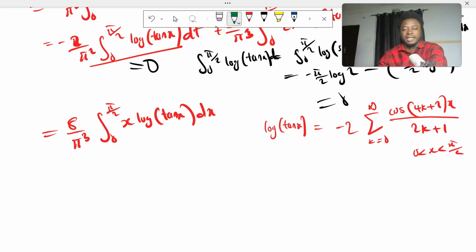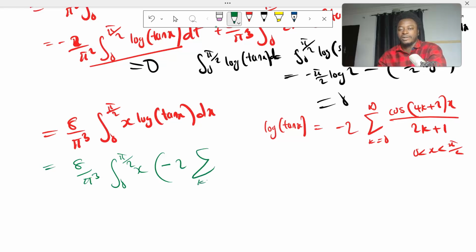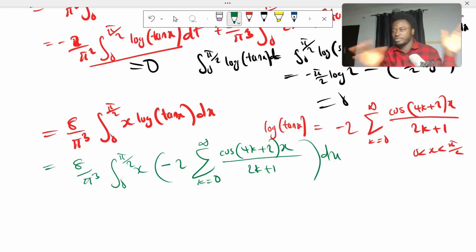So basically this will be 8 over pi cubed, then you have the integral from 0 to pi over 2, then you have an x, then you have negative 2 times the sum as k runs from 0 to infinity of cosine of (4k plus 2)x all divided by 2k plus 1, then of course dx. Now we can switch summation and integral and raise a negative 16 over pi cubed.